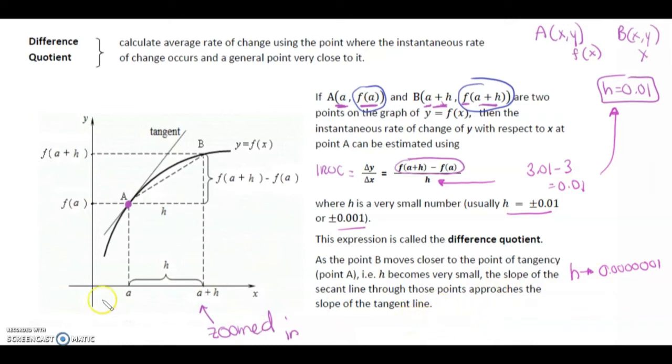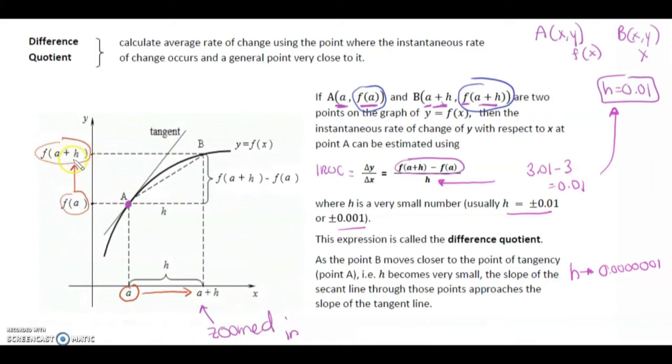Okay, and just to highlight a couple things on this graph, this is our point A, and remember how I said this is zoomed in? This is going to be A plus 0.01, something really small. Then this is our f at A, and that's our point f at A plus h.